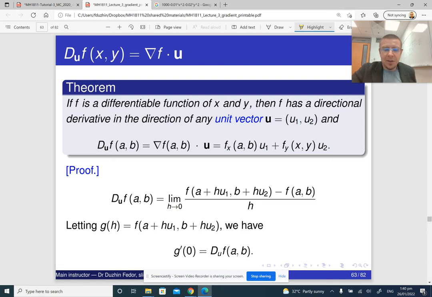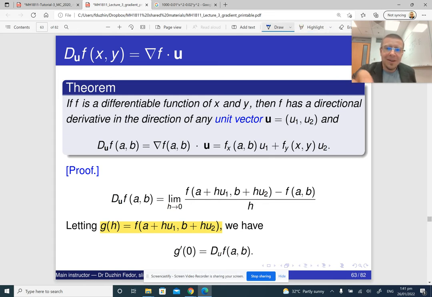When we apply the definition, we introduce a new function, g of h. It is probably a little bit confusing because a and b in this lecture slide I used for a different thing than a and b in this question.